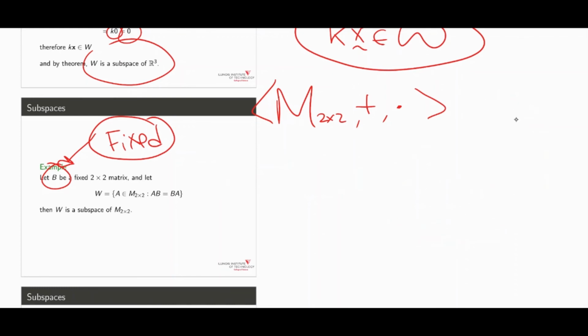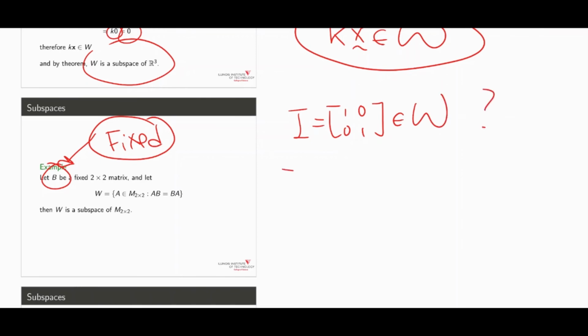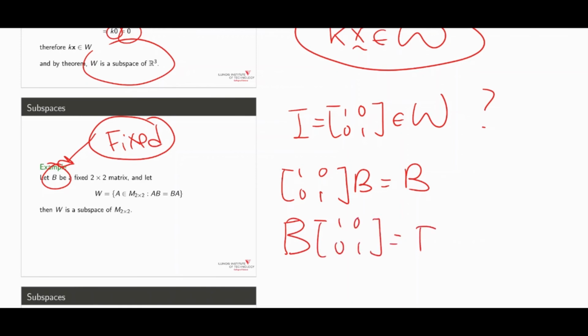Bear in mind that we have no idea what matrix B is. We only know that matrix B is size 2 by 2. Now, I hope you see that the identity matrix is also an element in W. Why? If you take this and multiply with matrix B, that by definition gives you B. And if you take B and multiply the identity matrix, this by definition is also B. So if you call this A, you see that AB equals BA.